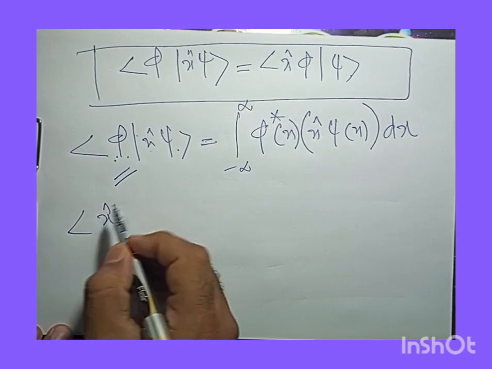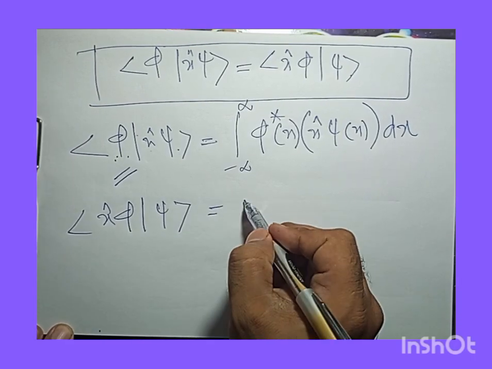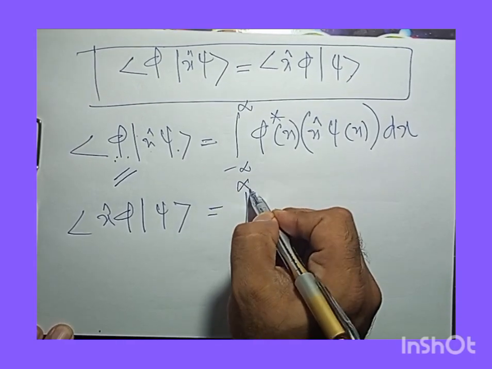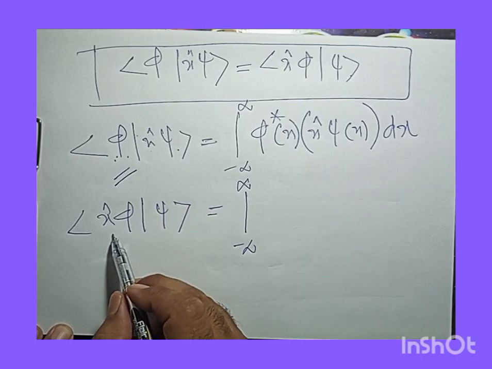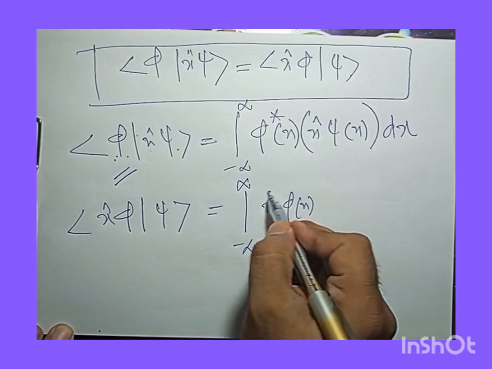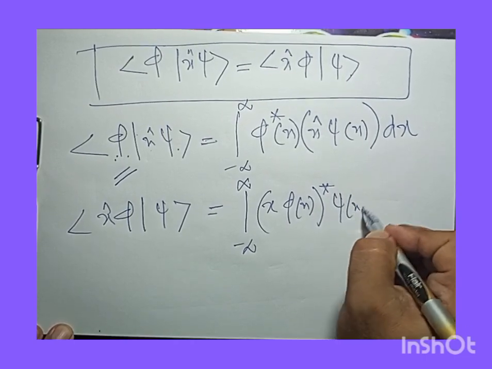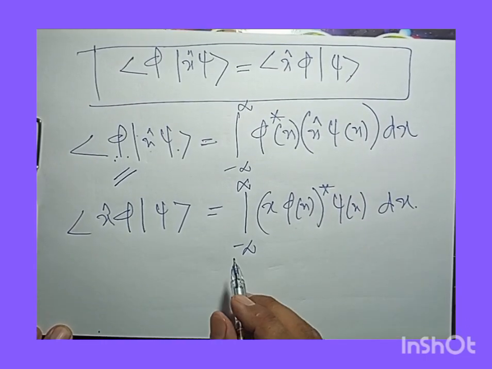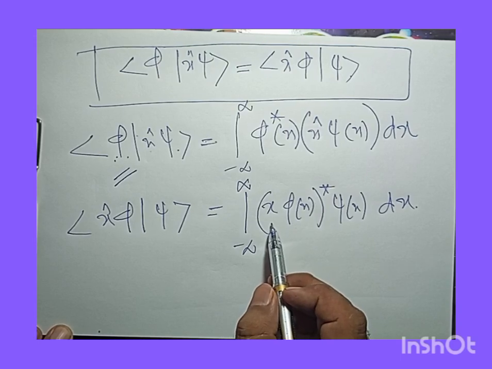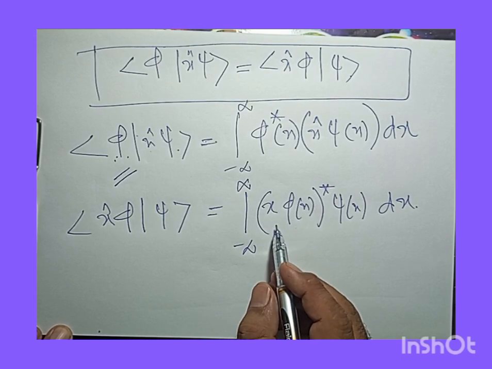Now, taking x cap of phi and then psi, how can we write it in terms of integrals? It is the integral from minus infinity to infinity of x and phi of x, the star of these two, and then psi of x dx. And since x is a real number, it will come out as a real number.